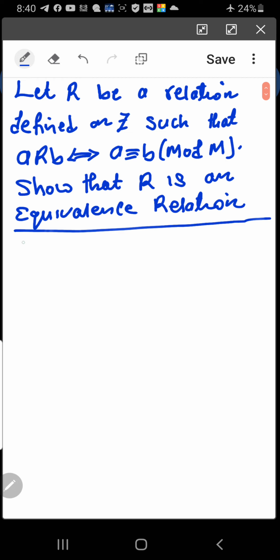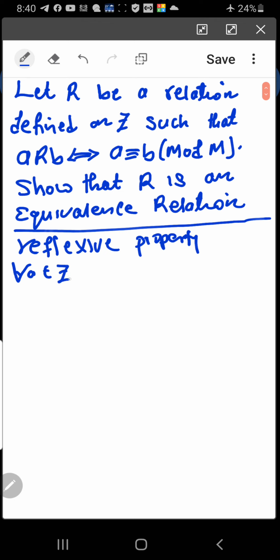We begin with the reflexive property. We know that for all A in Z, A relates A, then R is reflexive.